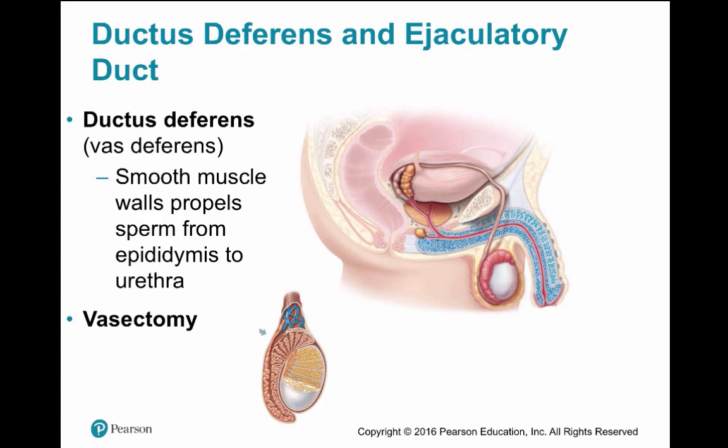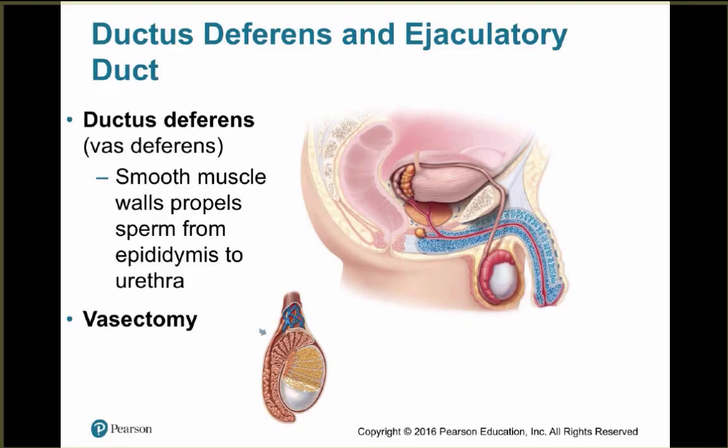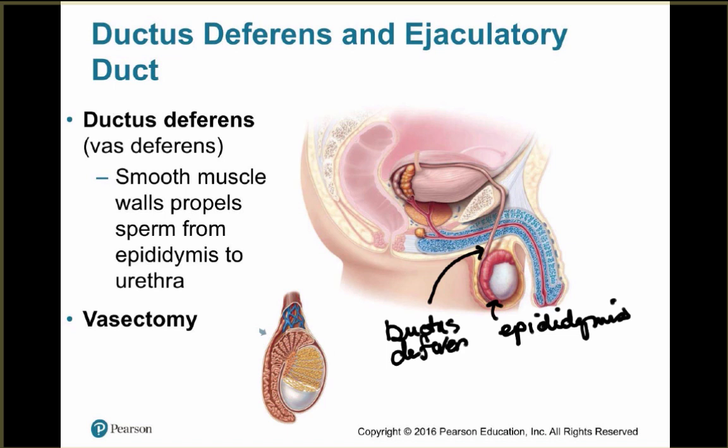If you look here, that part right there is what we were just looking at with the epididymis. So basically it's going to go from there into that, which is the ductus deferens or vas deferens. Now the vas deferens will expand whenever you come up here.